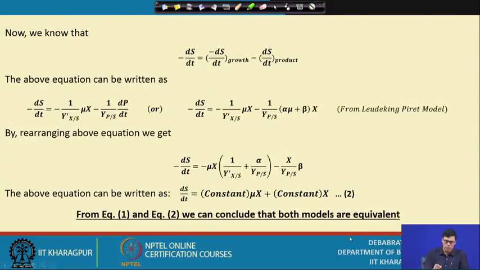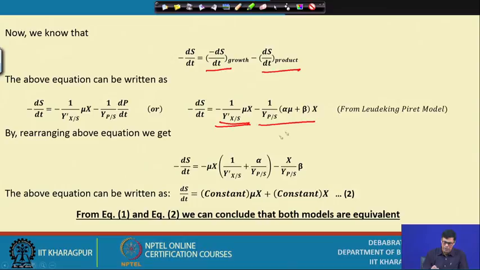Now, when we come to the Luedeking-Piret model, we can write that the substrate is used for a dual purpose, similar to the Pirt equation. One is for growth, another is for product formation. Whatever substrate is used for growth, I can write like this, similar to the Pirt equation, and this is from the Luedeking-Piret model.